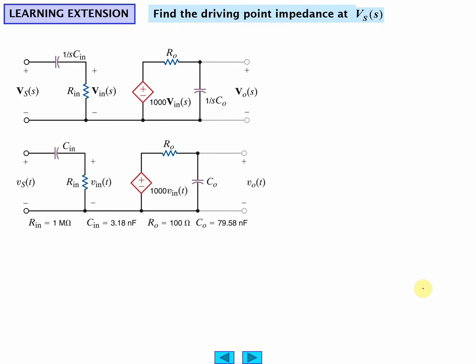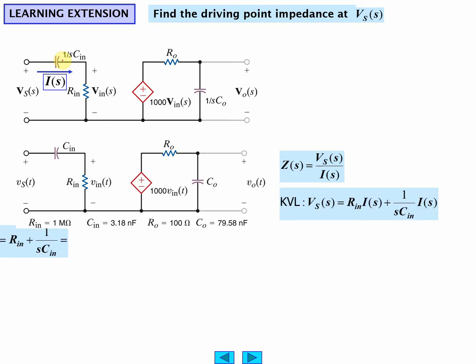So find the driving point impedance of this, and that is the impedance when voltage and current are measured at the same node. So here's IS, KVL on the input. We get this stuff here. This is just the impedance of the resistor, impedance of the capacitor.